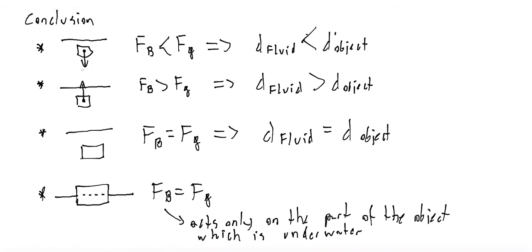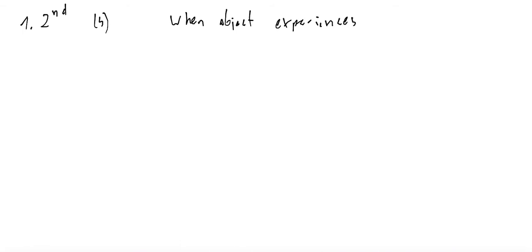Okay? So exercise number 1 was about Newton's second law of motion, for 4 points. Of course, to get 4 points, you have to write Newton's second law of motion. So when an object experiences unbalanced force or resultant force, or if the resultant force acting on the object is not equal to 0, then the object accelerates.